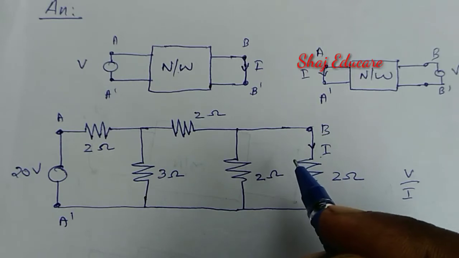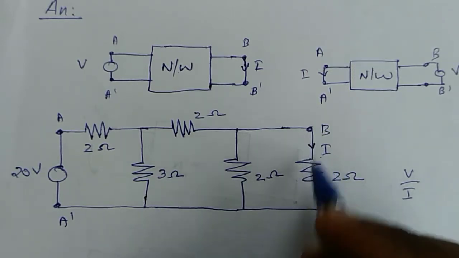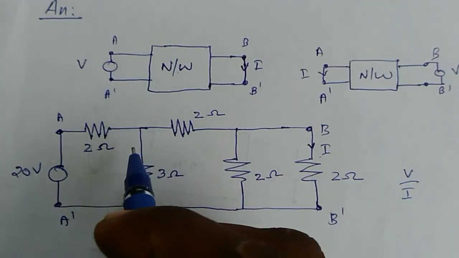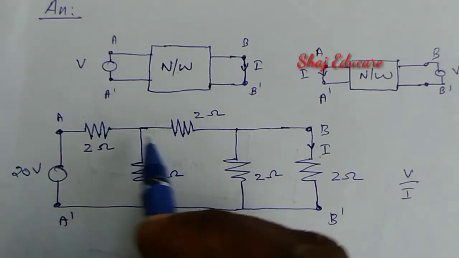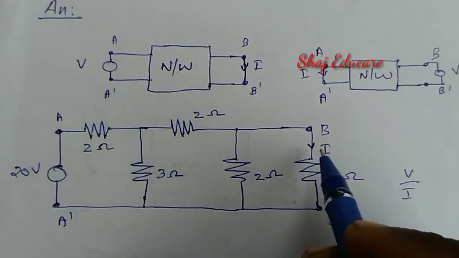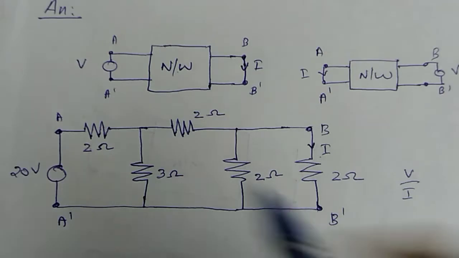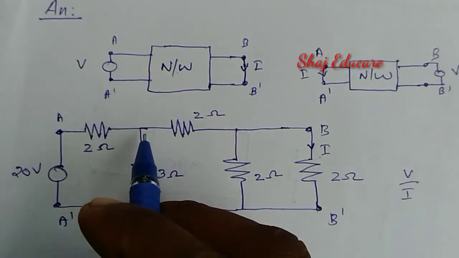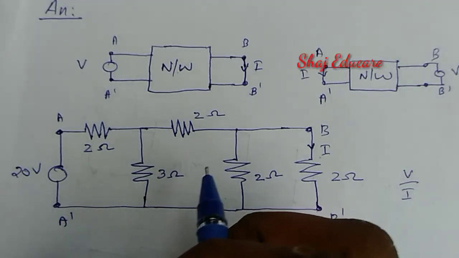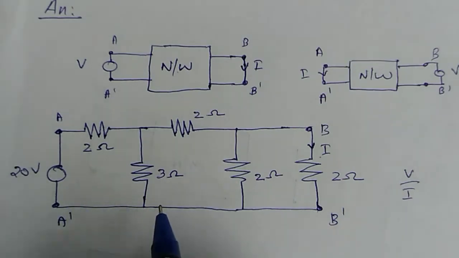We can use any method to find the current through this 2 ohm resistance, because there are many theorems to apply. Either you can find the current through this branch using Thevenin's theorem, Norton's theorem, nodal analysis, or the simplest method, that is the current division rule.